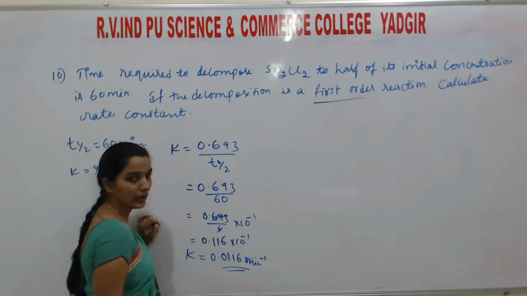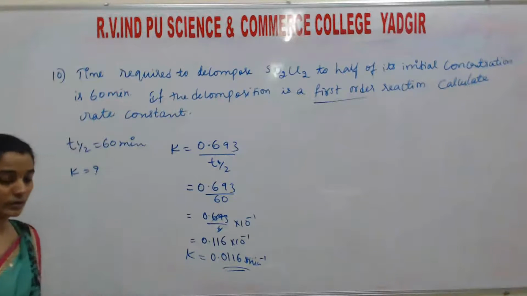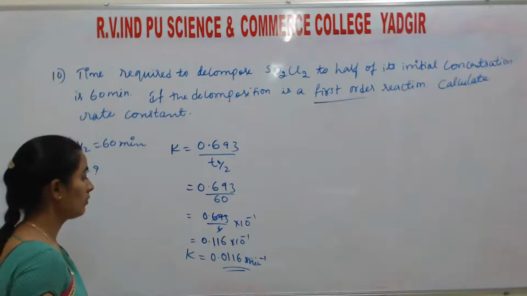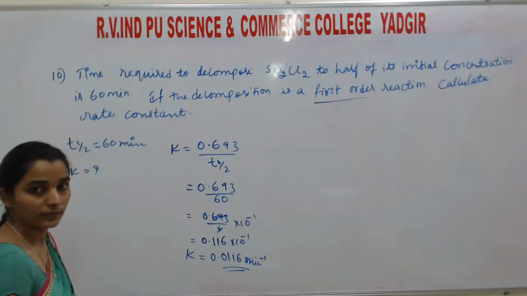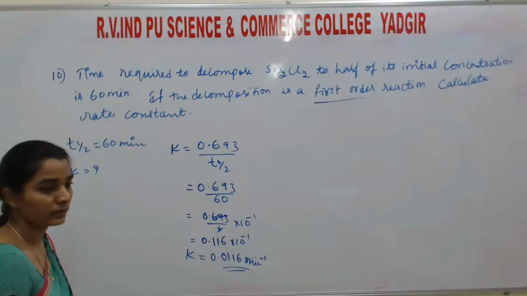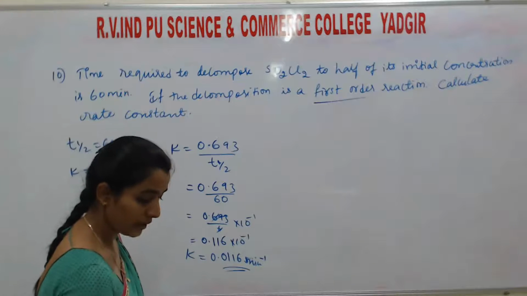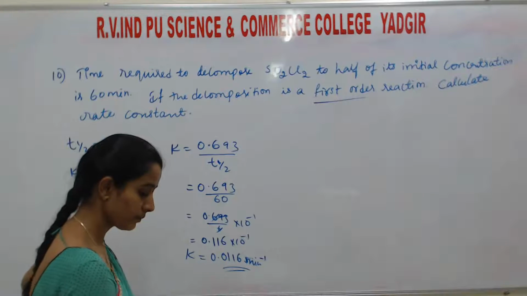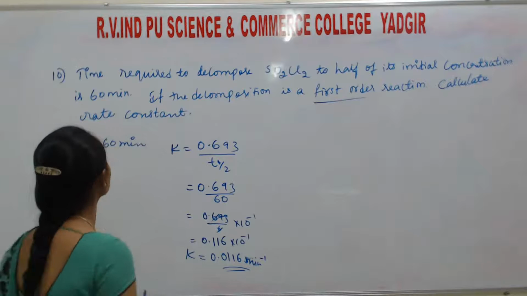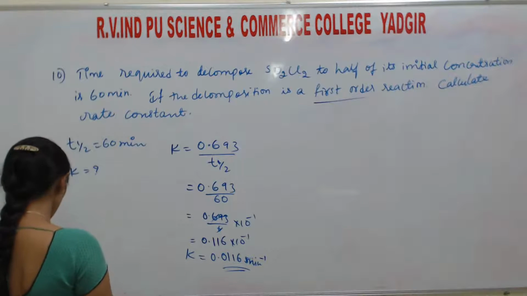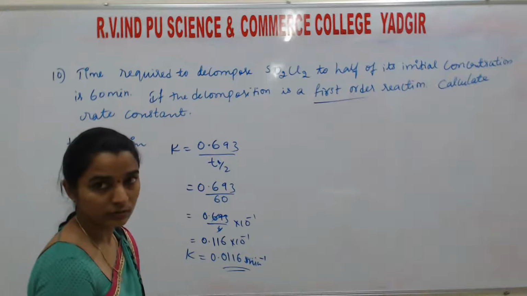This is the k value, 0.0116. Understand? So this is all about the half-life period. Only last two problems left. One I will do and one I will give to you.